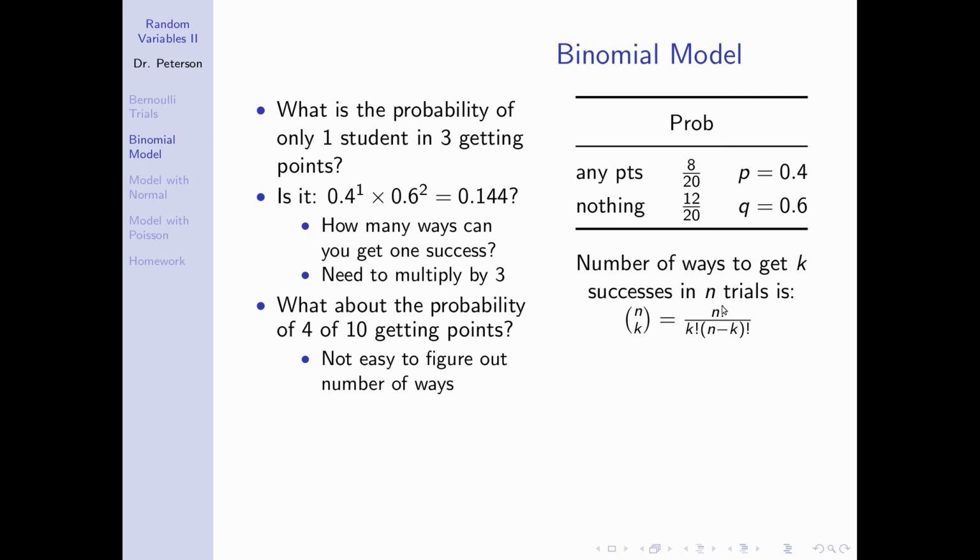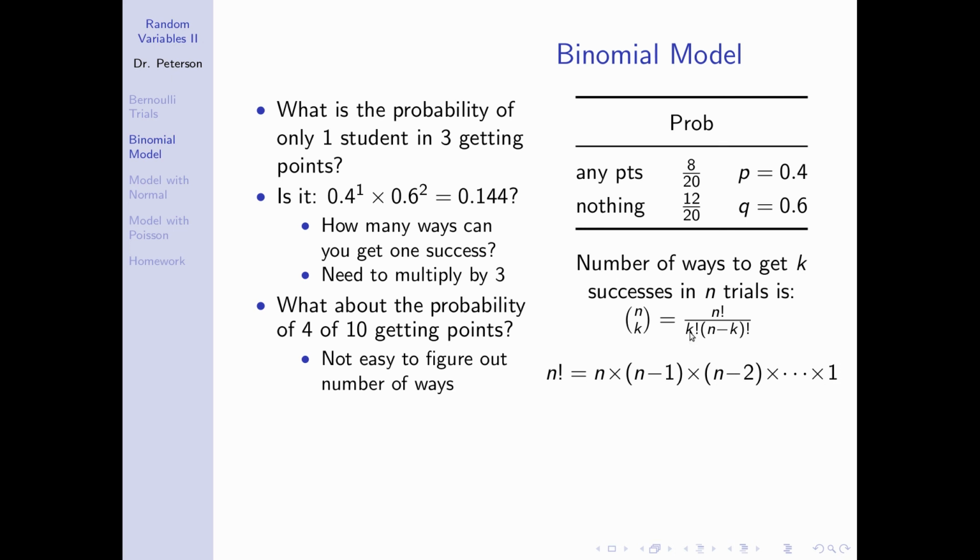This n exclamation mark means n factorial. N factorial means we're going to take whatever number times 1 less than it, times 1 less than that, times 1 less than that, until we get down to 1. So n times n minus 1 times n minus 2 times ... all the way down to 1.